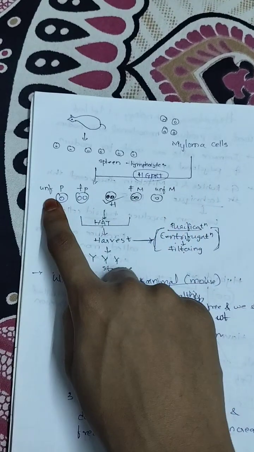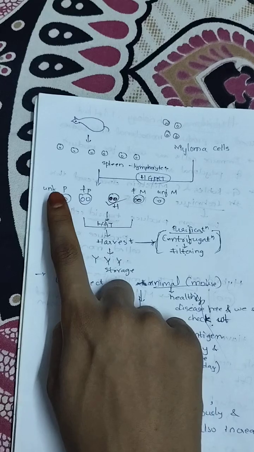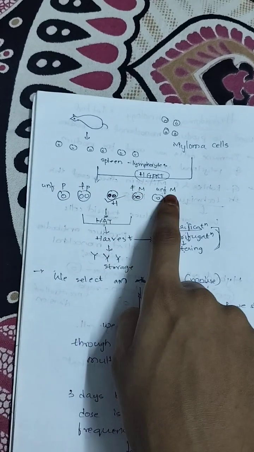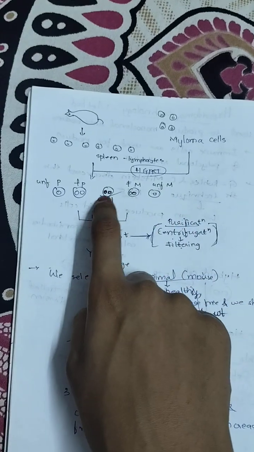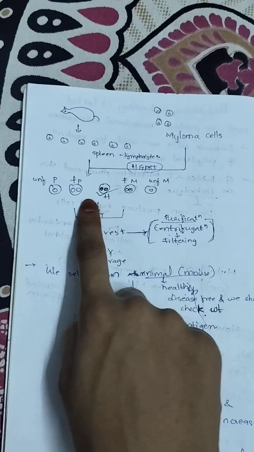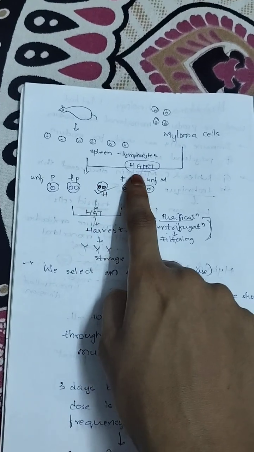These 5 different types of cells are formed: unfused B cells, fused B cells, fused myeloma cells, unfused myeloma cells, hybridoma cells. These are found, but hybridoma cells are necessary.